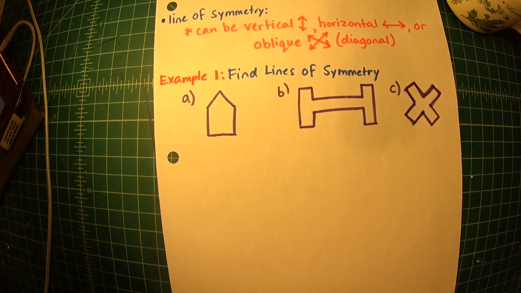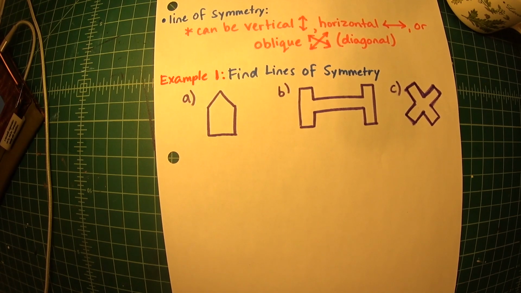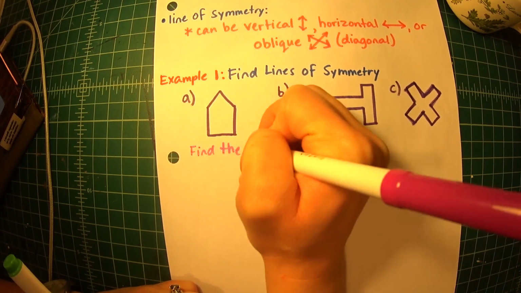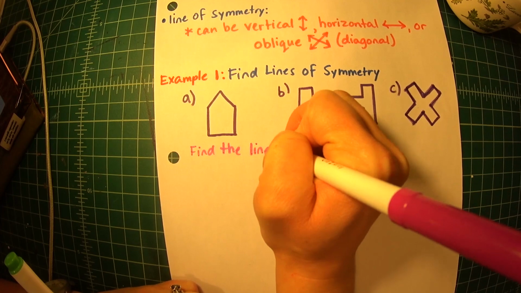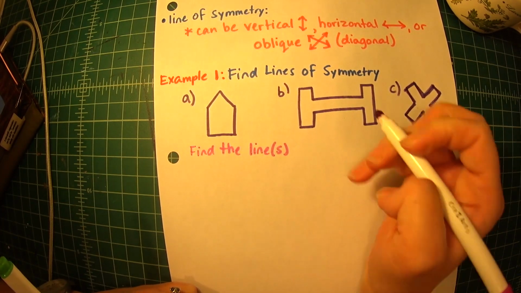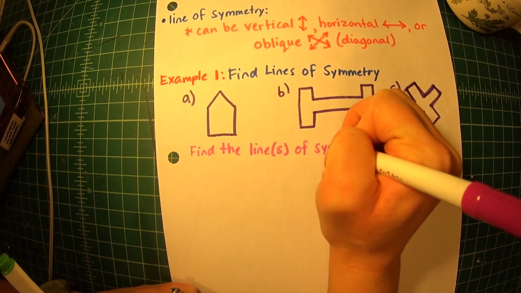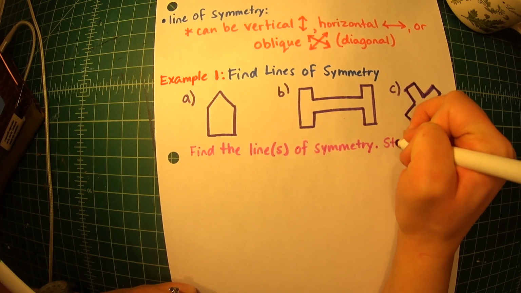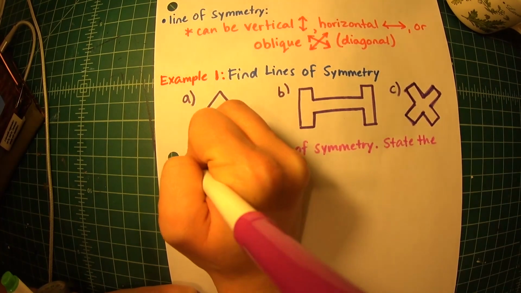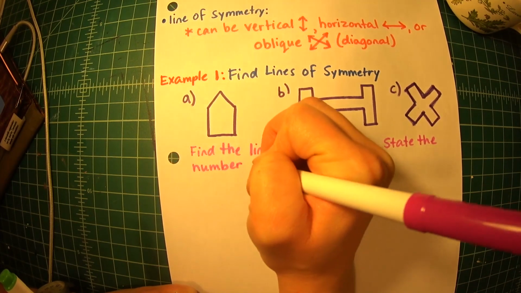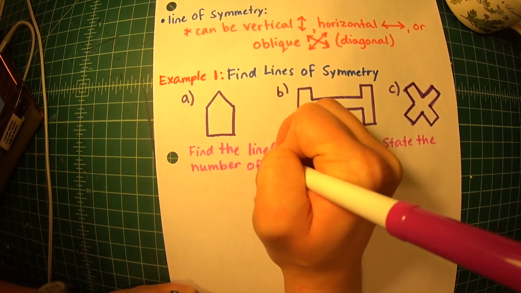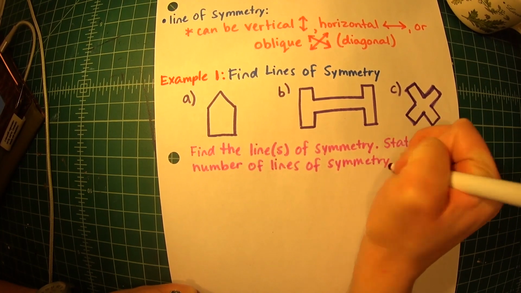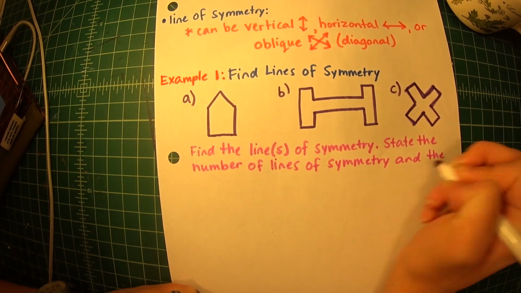And what the question asks us to do is to find the line or lines of symmetry, state the number of lines of symmetry and the direction.